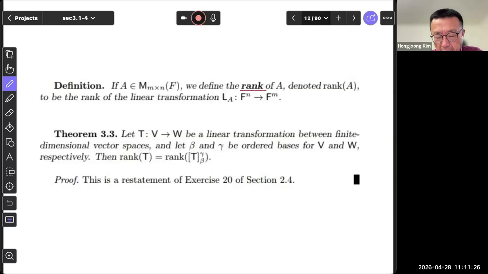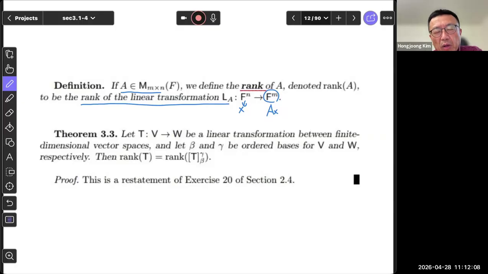Now, given a matrix, any m by n matrix, we define its rank by the rank of linear transformation L sub A. L sub A was left multiplication operation, meaning given any x vector in F^n, x is mapped to A times x in F^m space. Okay.